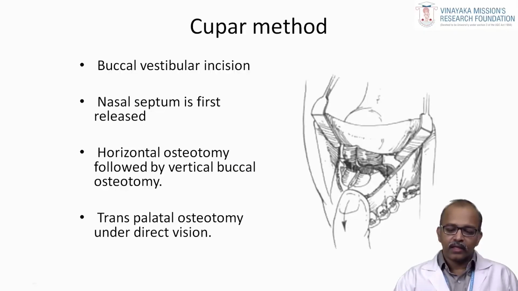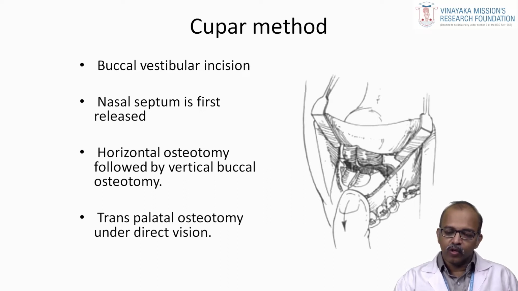Cooper advocated a buccal vestibular incision and then a horizontal cut along the piriform margin, and a vertical cut along the long axis of the premolar on both sides, and then transpalatal osteotomy was done under direct vision.